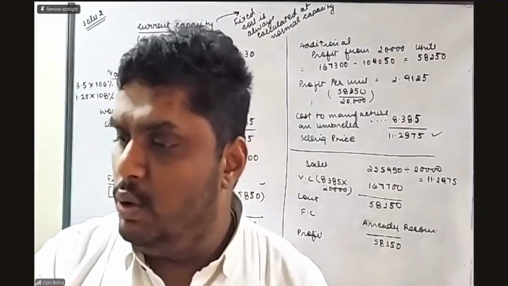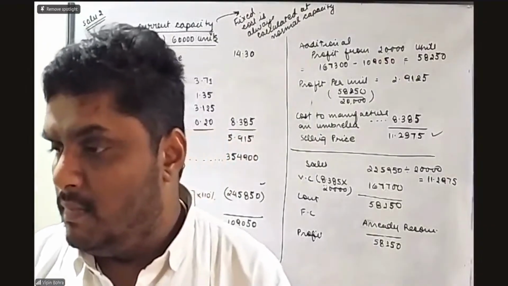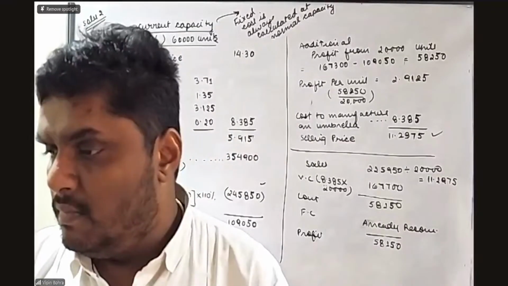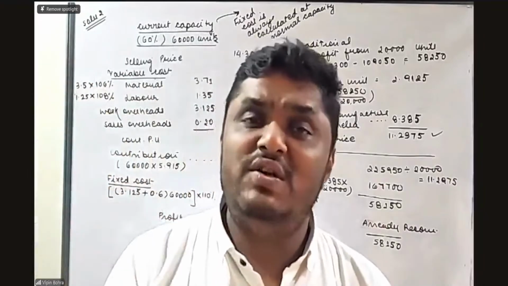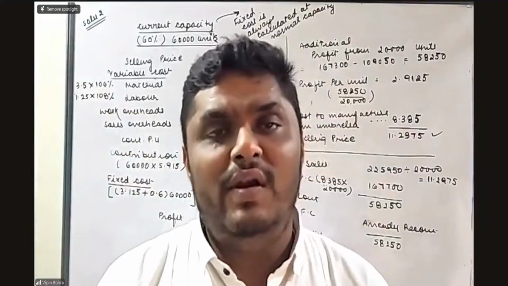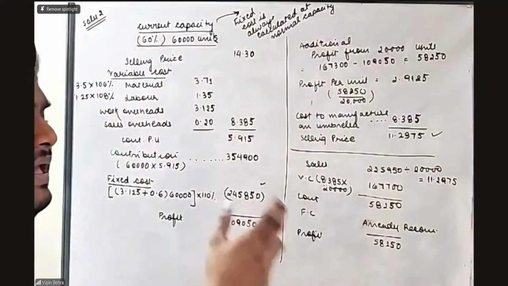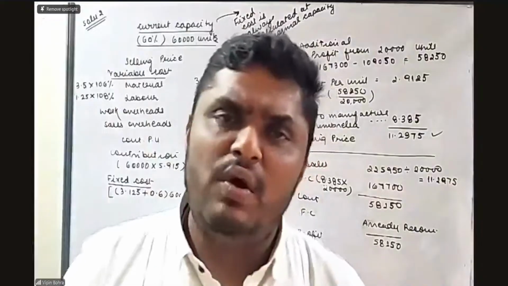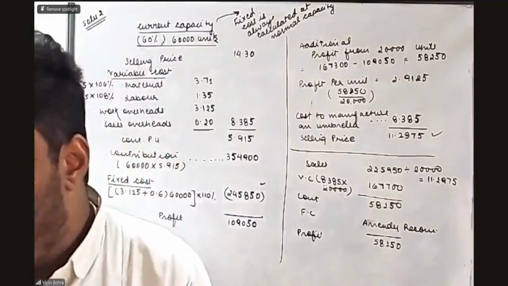This is 20,000 units only, Hina. Yes, see, the point is fixed cost remains constant at all levels of sales. And once we have recovered it at 60,000 units, it means we are done with fixed cost. Now the point is variable cost is the key. Think practically, Anil.